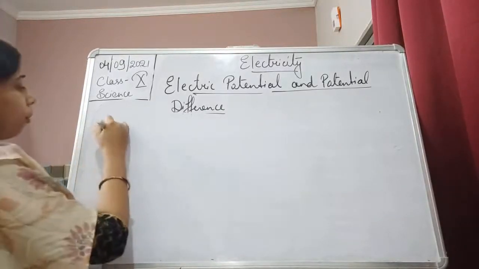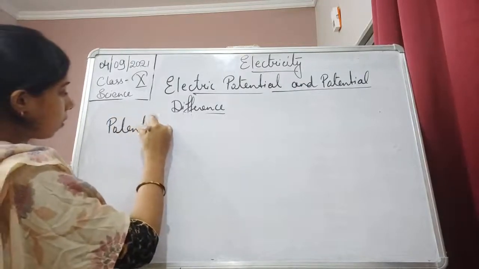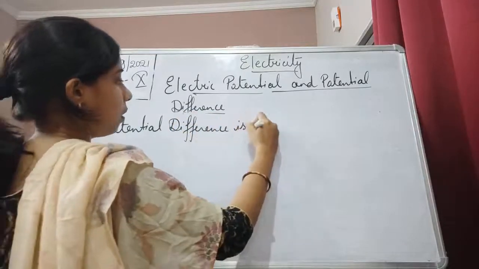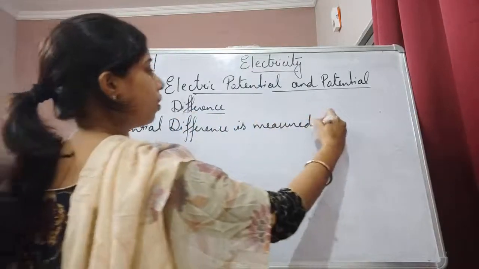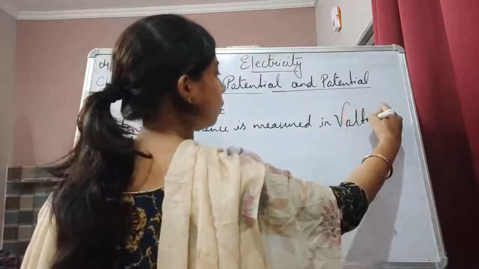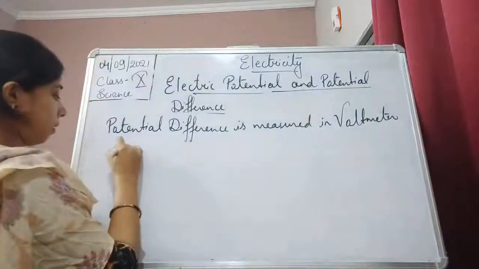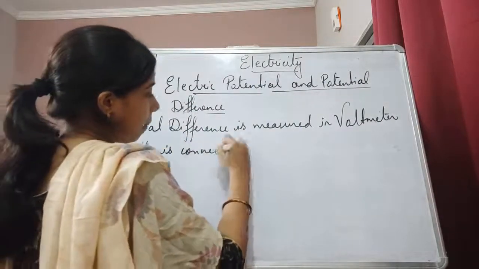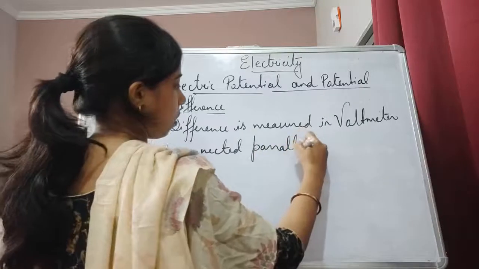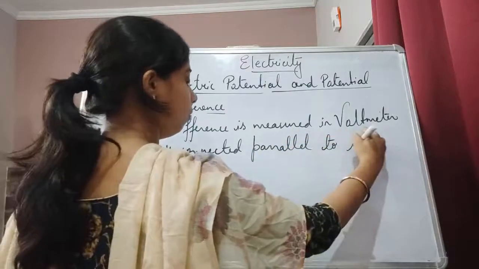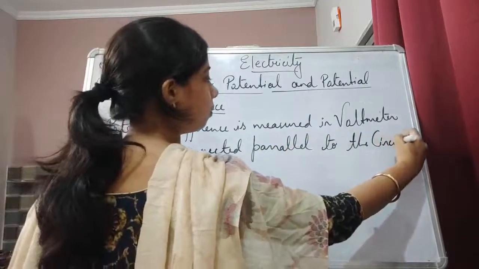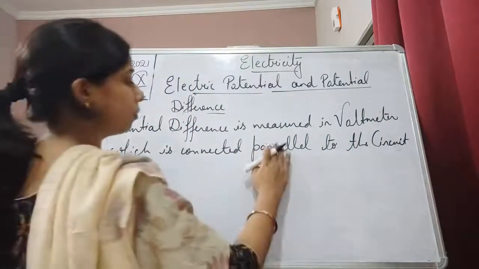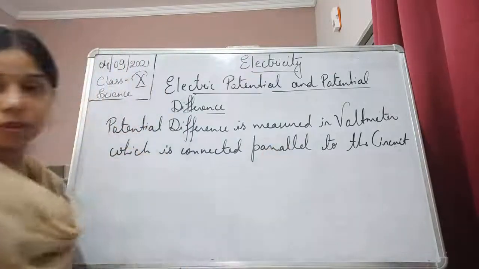Okay. So potential difference is measured by a voltmeter, which is connected parallel to the circuit.